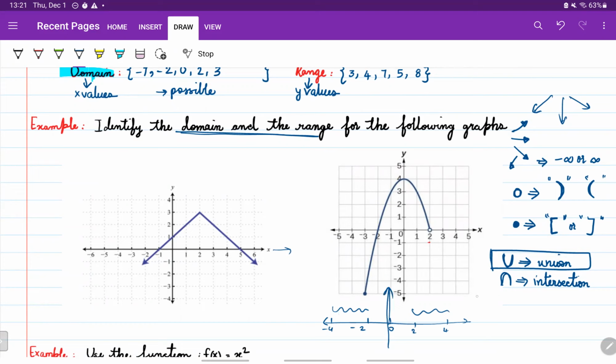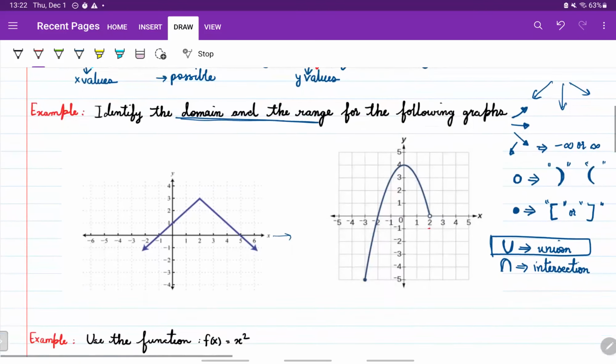You would say it is -4 to -2, union, 2 to 4. This basically means that it's from here to here, and it's from here to here. Okay, let us solve these problems now that we know some of the basic notations.